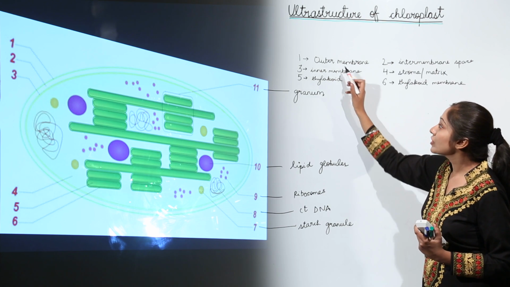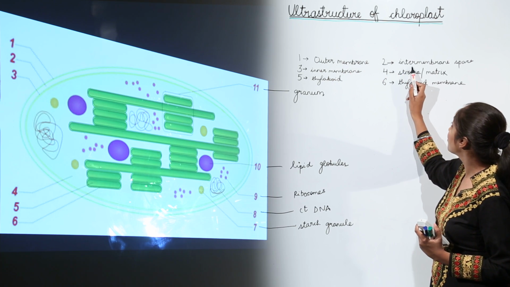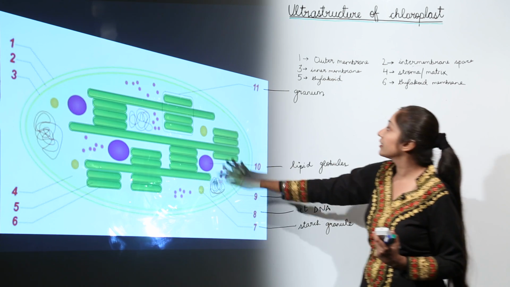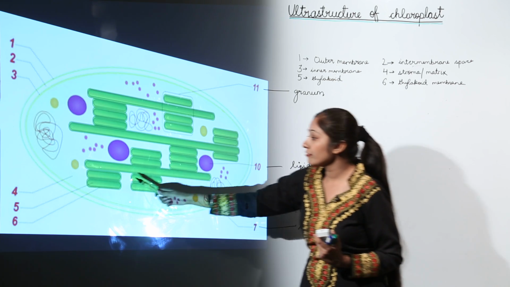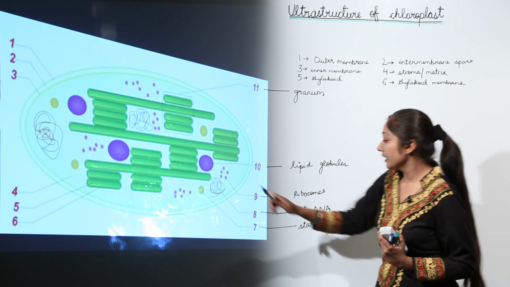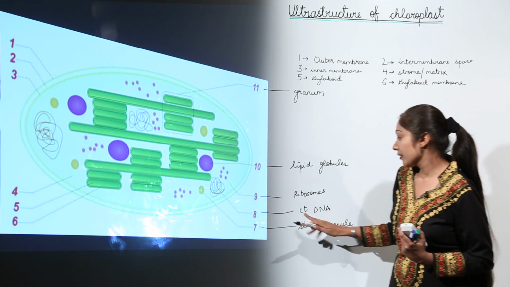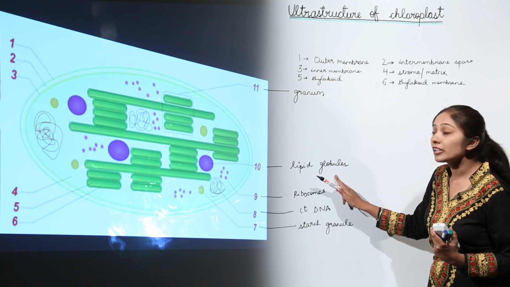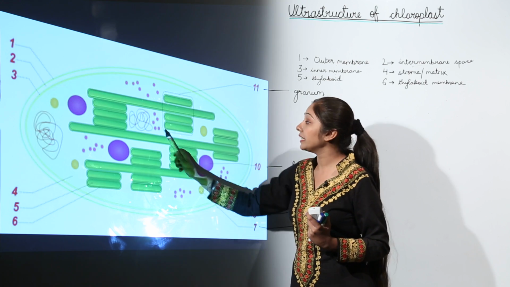So outer membrane, then intermembrane space, then inner membrane, then stroma or this matrix, then number 5 we have this one thylakoid, number 6 is this thylakoid membrane, then we have starch granule, this chloroplast DNA, then ribosomes, lipid globules, and this complete granum.